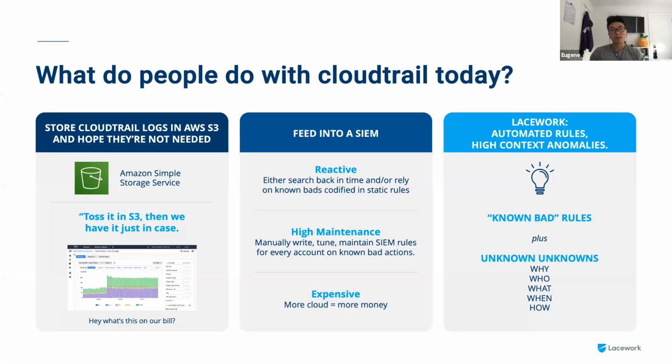But the issue becomes that we wrote so many different rules and set so many different thresholds. We even started classifying which were high priority events and which were low priority events. But again, that's static, and your application changes over time, right?